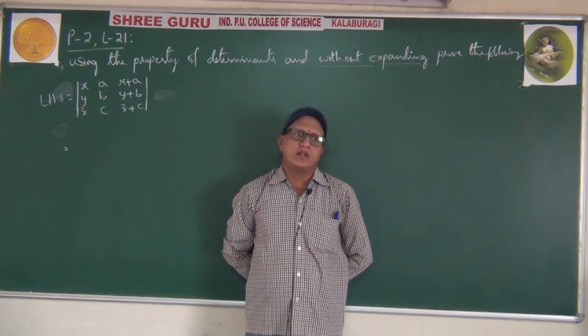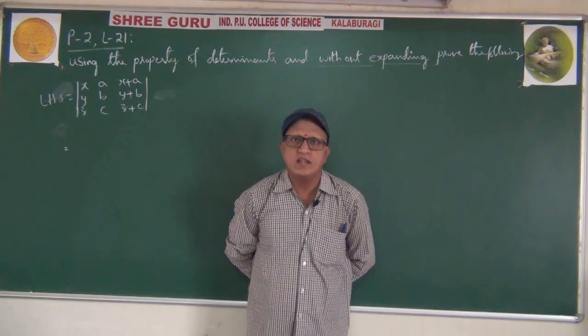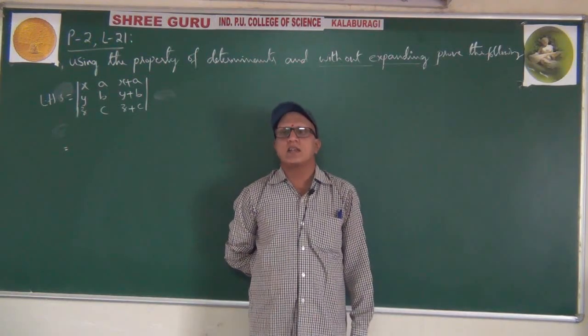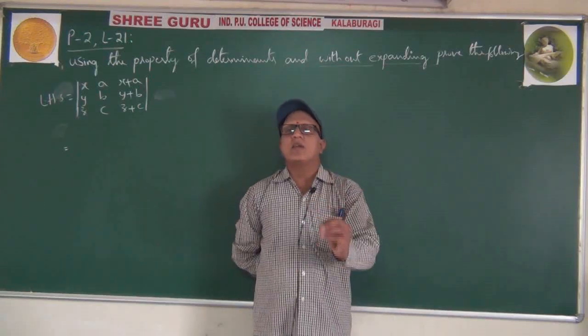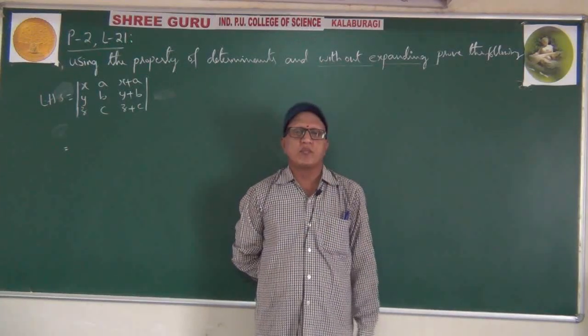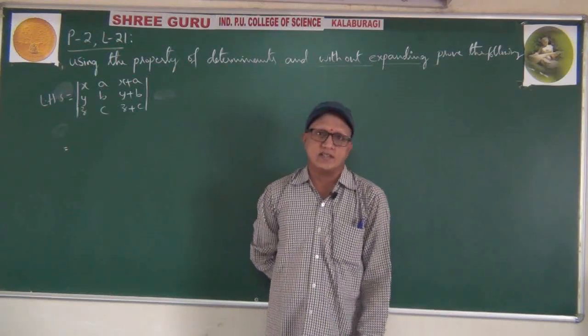As per the property, if any 2 rows or any 2 columns are same, then the value of the determinant is 0.